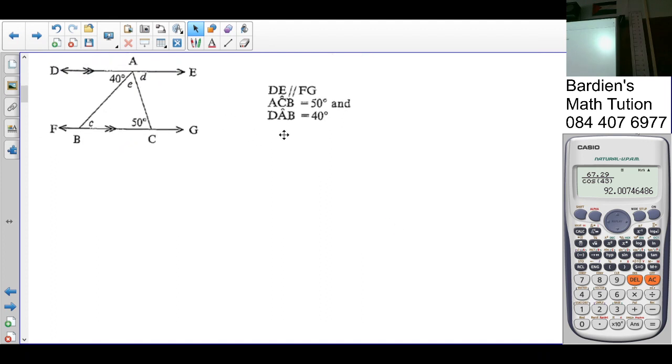So we are told that BE is parallel to FG. ACB is 50 and DAB is 40. So how are you going to calculate C? Alternate angles, not so?